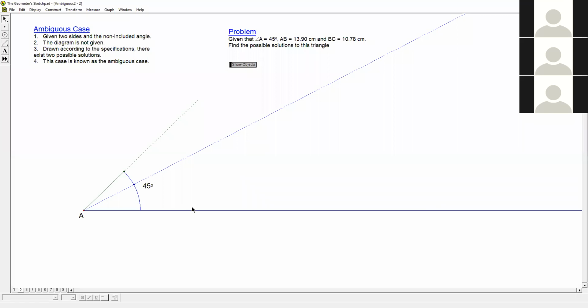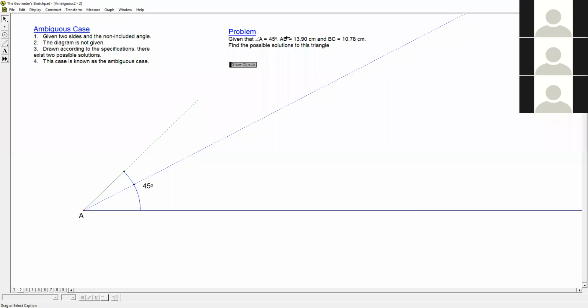Now the length of this line is unknown. Okay, right. So from here, first step, you construct the 45 degrees. Okay, and the angle A, you put it here. So the bottom line, you leave it very long, don't know what is the length, but the line at the top here is usually given.